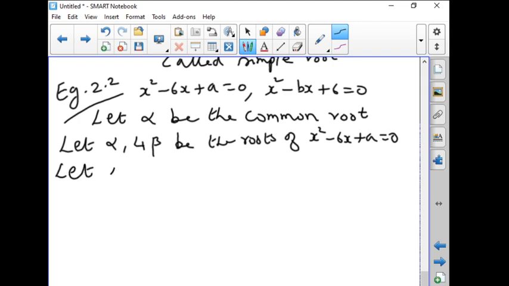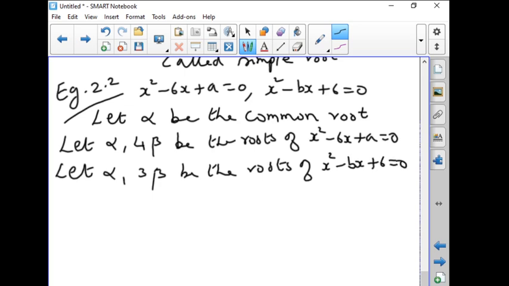So, what about the next one? Let alpha comma 3 beta be the roots of x square minus bx plus 6 is equal to 0. Okay. So now from the first equation, what about the product of the roots?